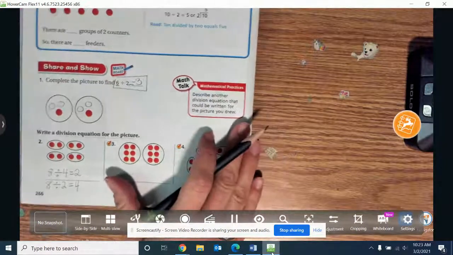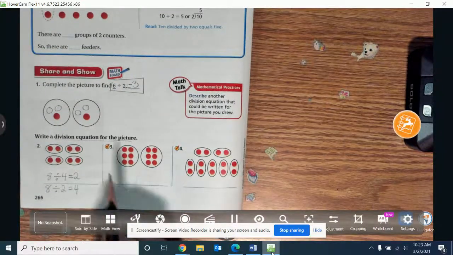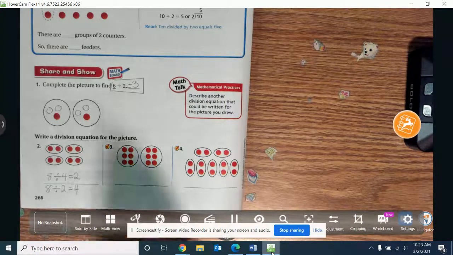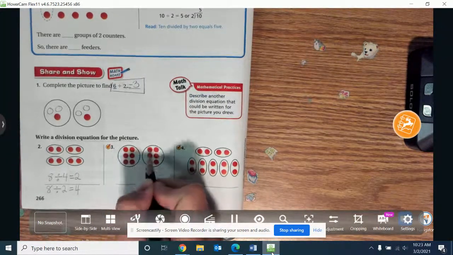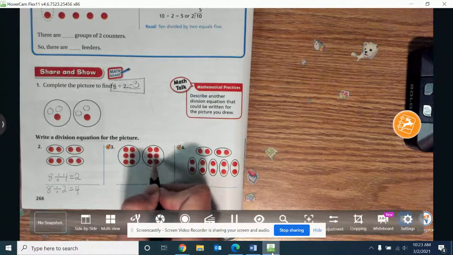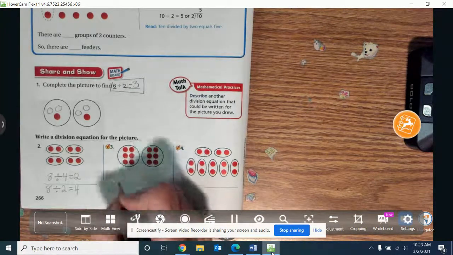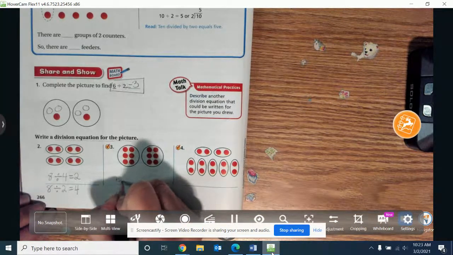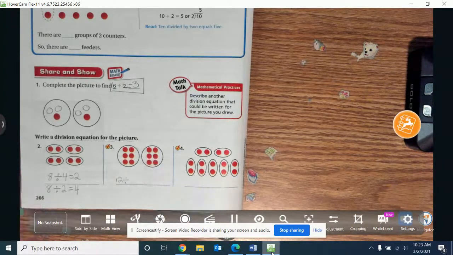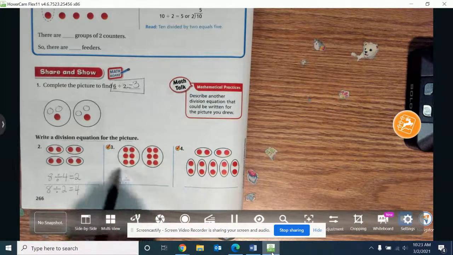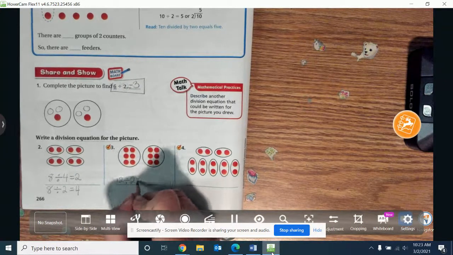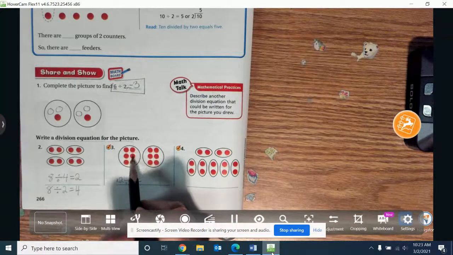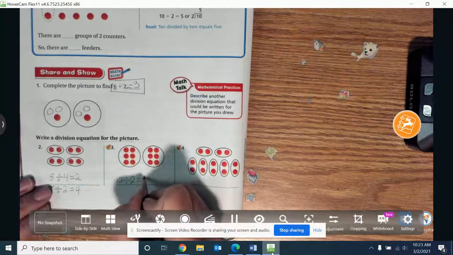Number 3, division equation. Again, how many counters are there total? 1, 2, 3, 4, 5, 6, 7, 8, 9, 10, 11, 12. 12 divided by how many groups? 2 groups equals how many counters in each group? 6.